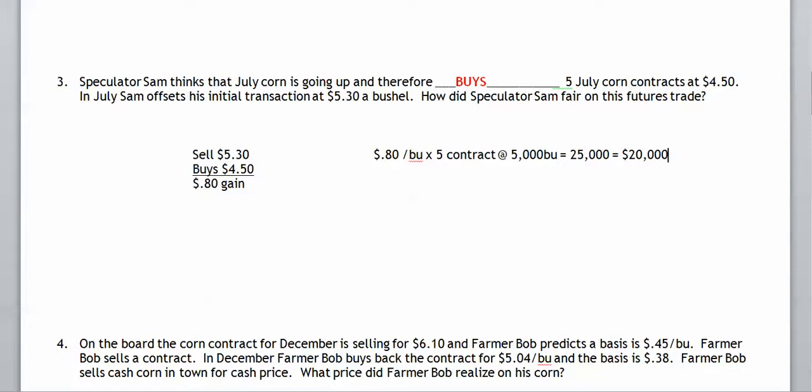This speculator made $20,000 on this transaction.